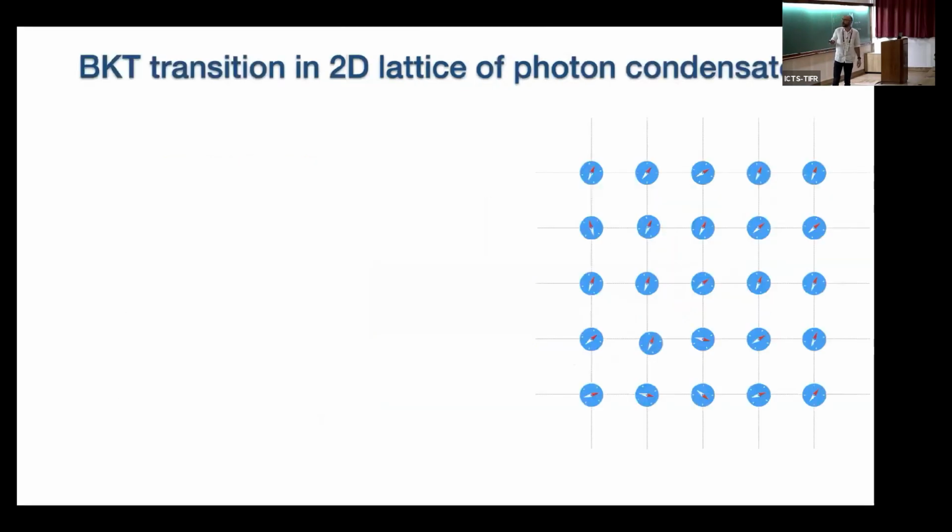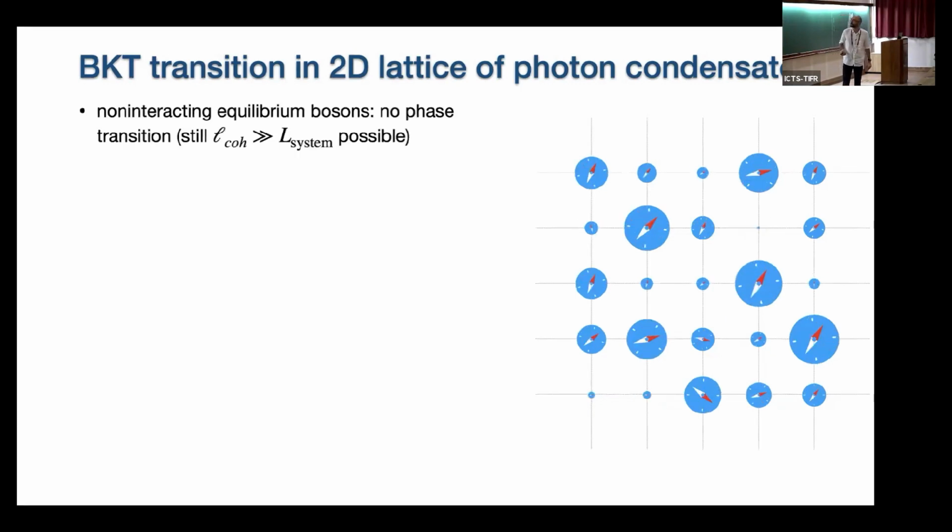So what we have done is to have a look at this Kosterlitz-Thouless transition again for the incoherently pumped polaritons and for the photon condensates, and I will present here the results that we obtained for the photon condensates. At first sight, the BKT transition, if you visualize it in terms of compass needles, where the orientation of the arrow is the phase of the system, vortices are defects in this array of compass needles.